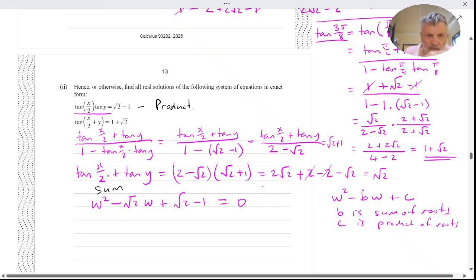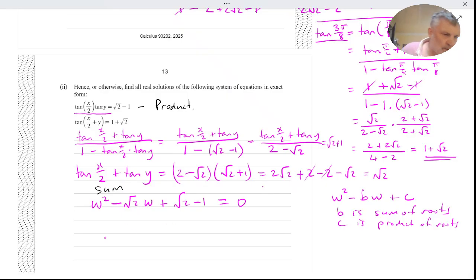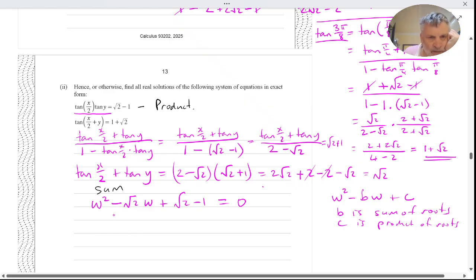So when we've got a sum and we've got a product, we can form a quadratic equation. Sum of the same two things as we've got the product of.